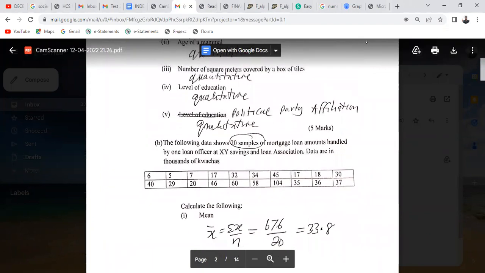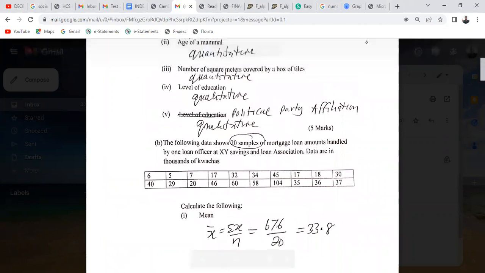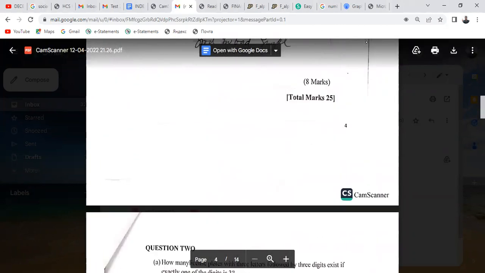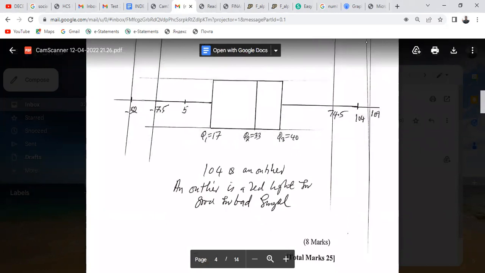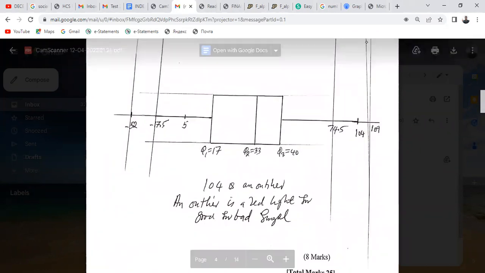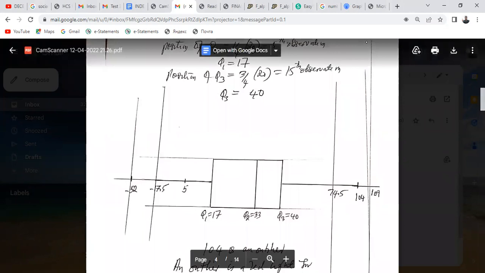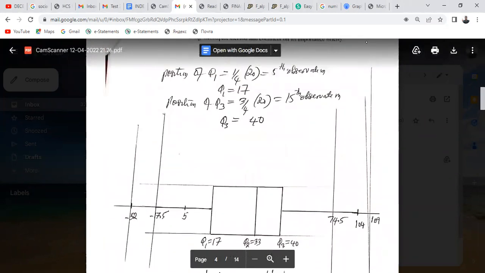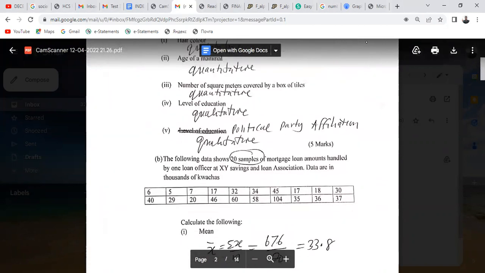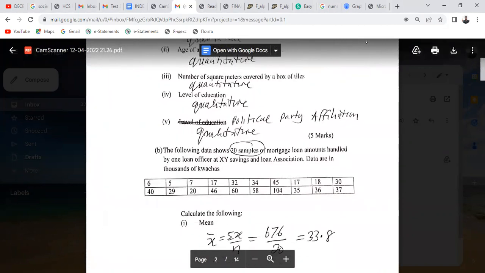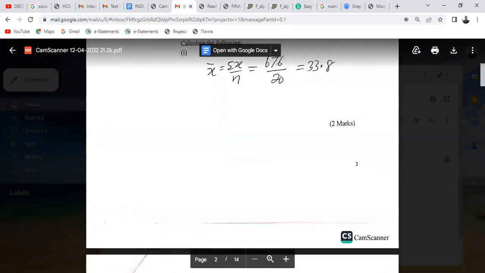On the data set, we do not have a negative number. So automatically, it implies that there are no outliers on the left, because the minimum that we have is a positive value, which is 5.